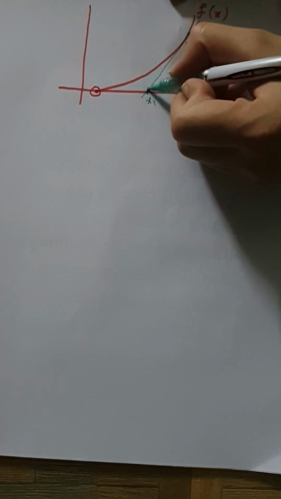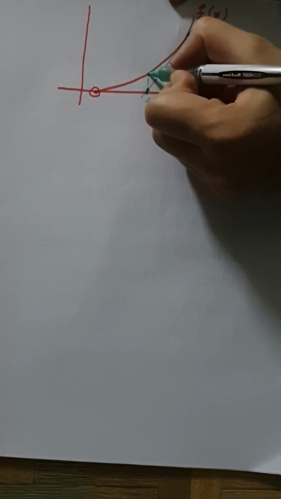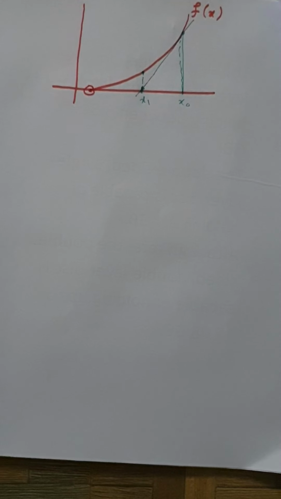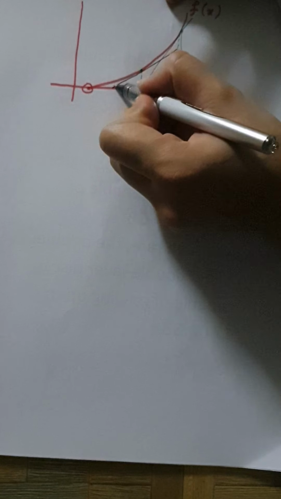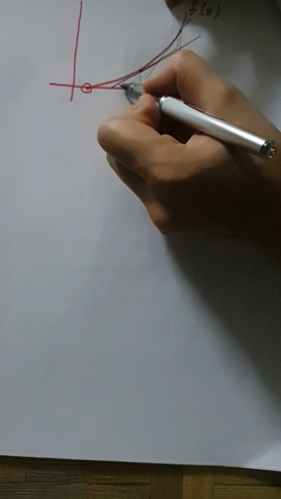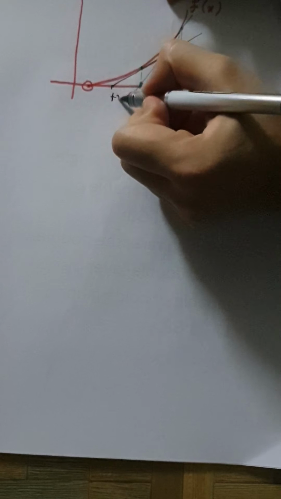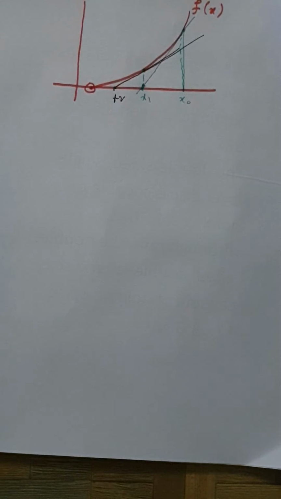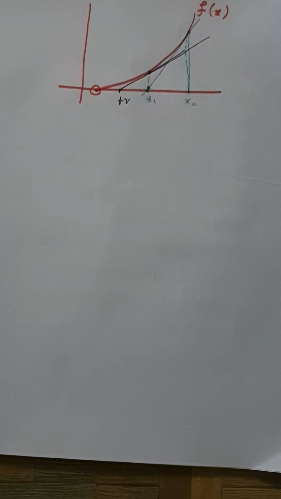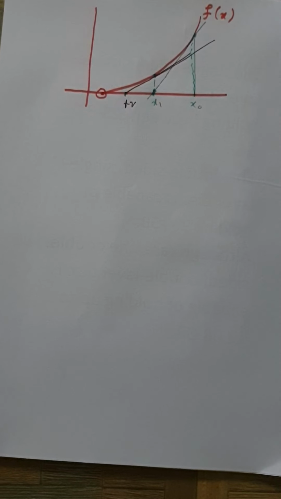Again, at this point on the curve, we will draw a tangent line, and you can see clearly, this is a very important thing to note: in this second iteration you have moved very close to the root of the equation, and with the third iteration you can clearly see we will be approaching the root of the equation.